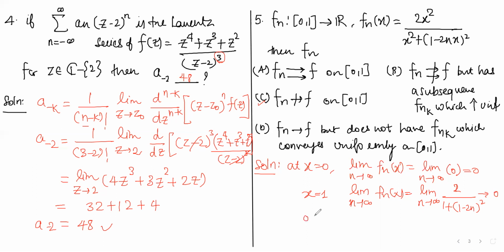Okay, and between 0 to 1, the function will behave as usual. It will again tend to 0, because if you take any x between 0 to 1, the ultimate thing is that n here is playing the role. So basically this n will take you to 0.